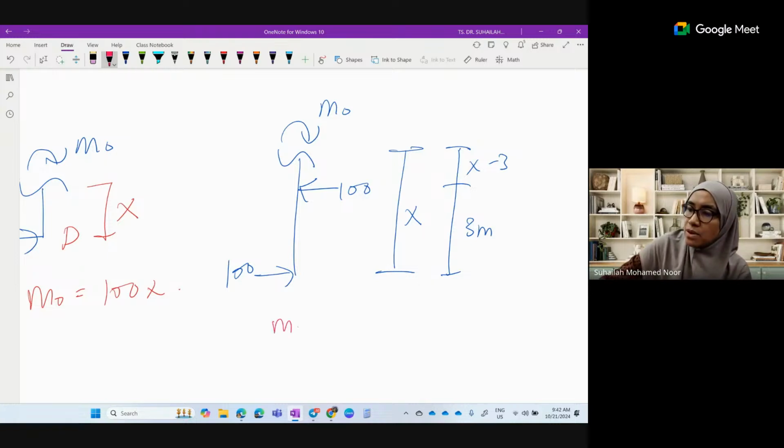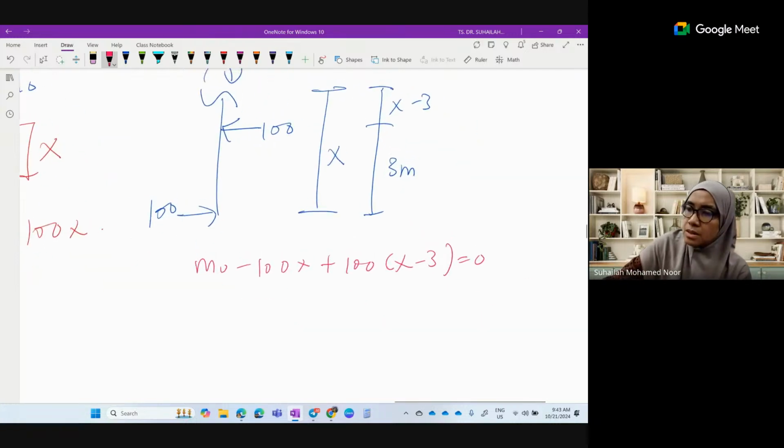So this is M naught. M naught minus 100X plus 100X minus 3 equals 0.